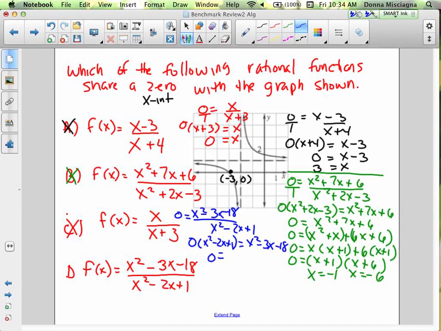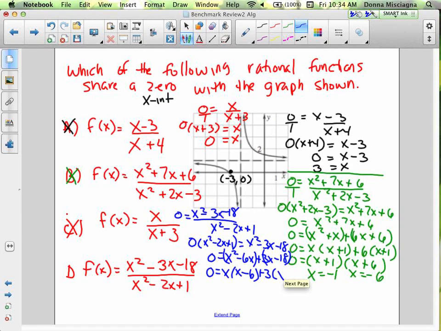So we have x squared minus 6x plus 3x minus 18. And the first two are a group and the second two are a group. I'm just being a little quick on the factoring because we've been doing that for so long. 0 equals x times x minus 6 plus 3. You can pull out the 3 there because they're both divisible by 3, and that would give us x minus 6.